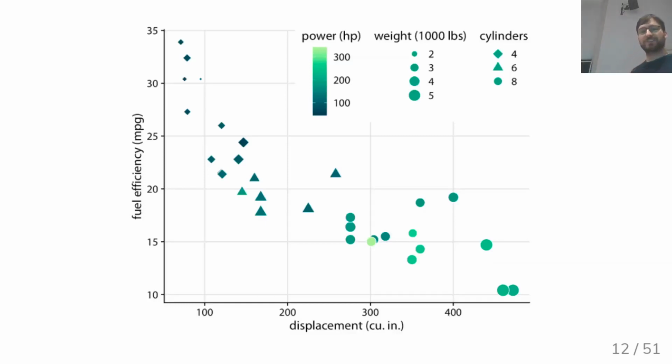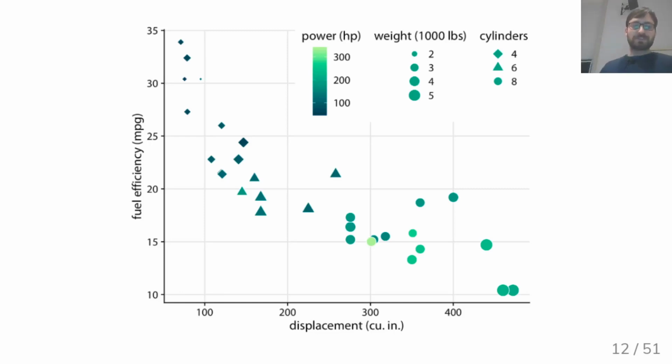Here is an illustration that I think is nice from Wilke's book, which shows how you can think of different aspects of the data mapping to different of these channels. This is a fuel efficiency data set, and we're showing a 5-dimensional data set here. It's a very small data set, so we can show all of it, and all 5 dimensions are shown in a 2-dimensional plot.